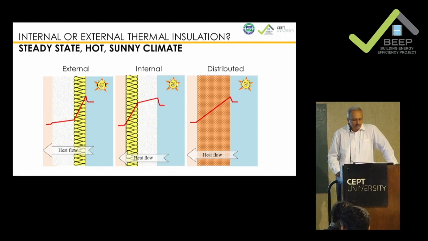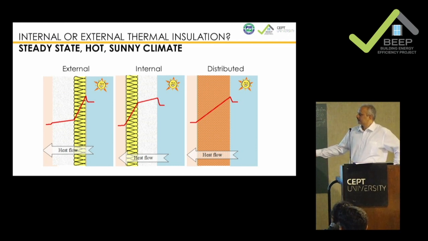Okay? If you have insulation which is outside, so this is outside, this is inside. If you have an insulation outside, the temperature gradient, this surface temperature is, let's say, about 45 degrees, this will drop drastically, and then your mass will reduce a little bit of that. Versus if you put it internal, obviously from here to here you will not get that reduction in temperature.